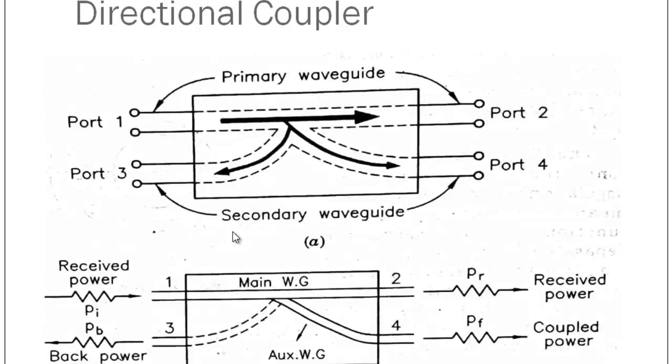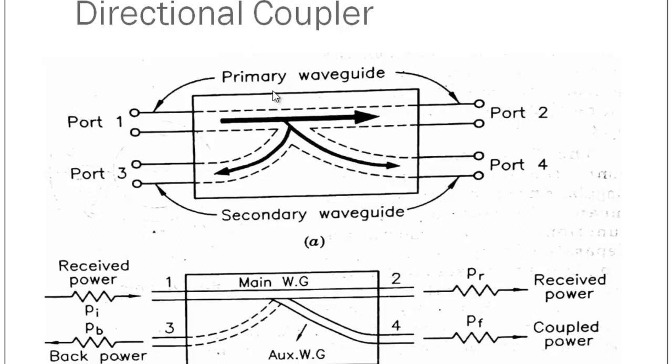This is the simple schematic diagram of the directional coupler. From the diagram, we see that the directional coupler is a 4-port microwave junction which has two waveguides. One is known as the primary waveguide, which consists of port number 1 and port number 2, and the second is known as the secondary waveguide, which consists of port number 3 and port number 4.